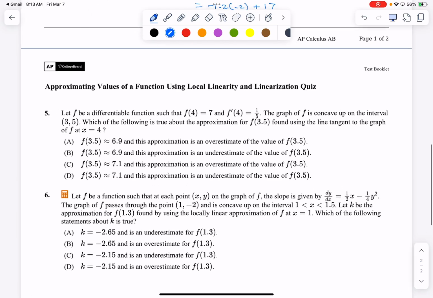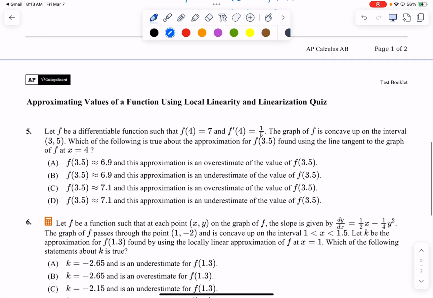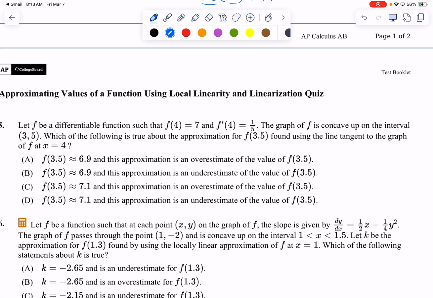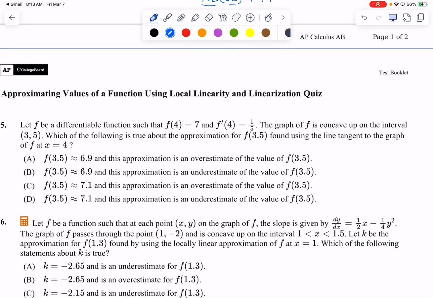Okay. Last one. I think the very last one's a little different, or maybe it's not. You've got 4, you've got your slope, you want to estimate at this, it's concave up, so it's going to underestimate this time. So it's going to be B or D. So we're going to have y minus 7, this is getting repetitive, 1/5 times x minus 4. We're going to plug in 3.5. I do think a fraction is going to be way easier this time.